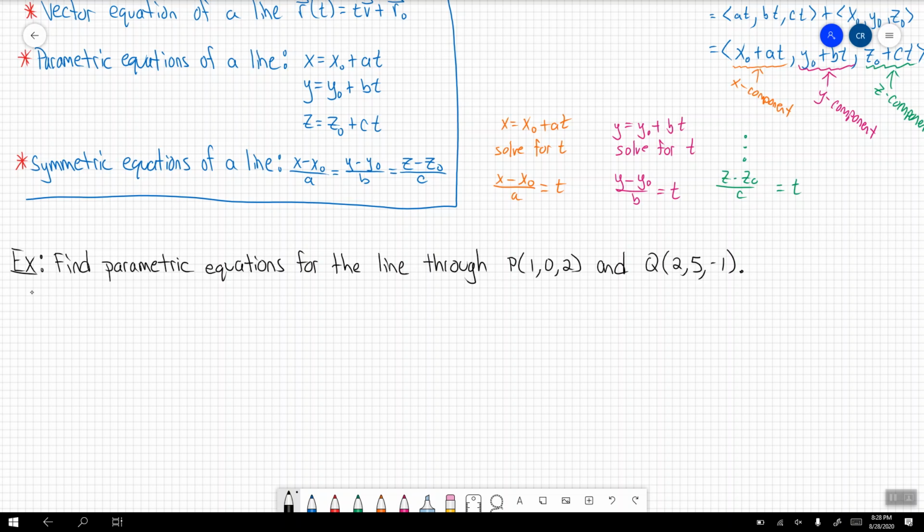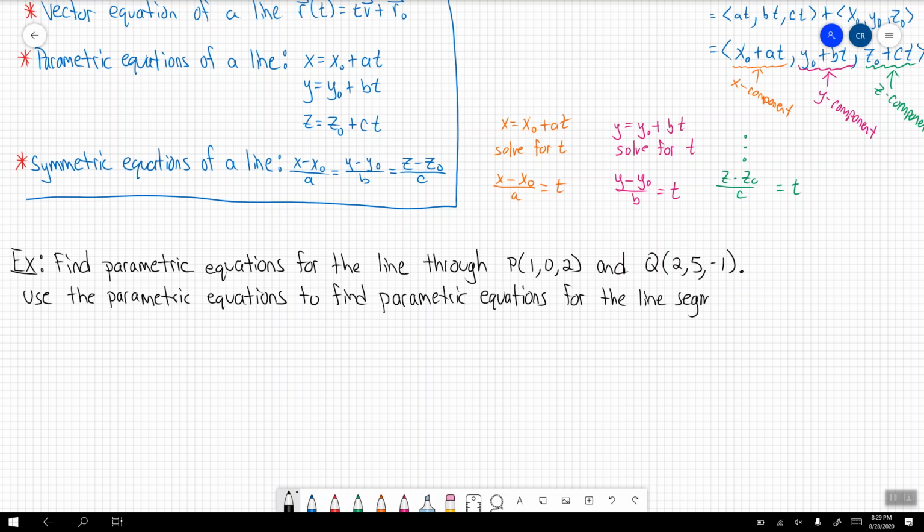And then what we want to do is use the parametric equations to find parametric equations for the line segment PQ.